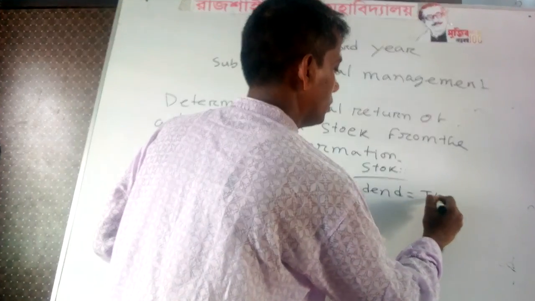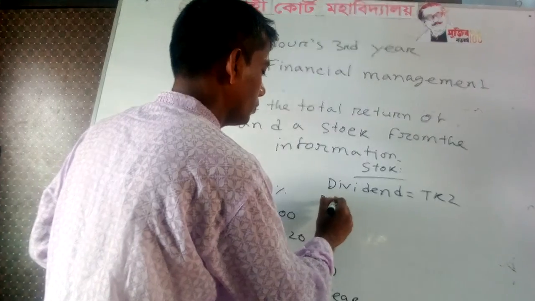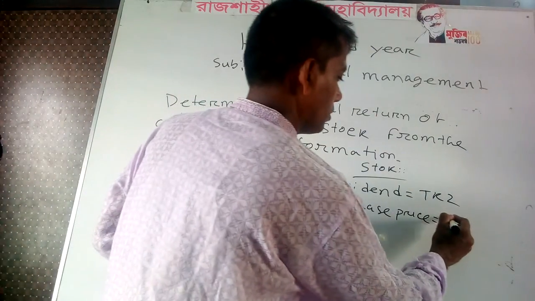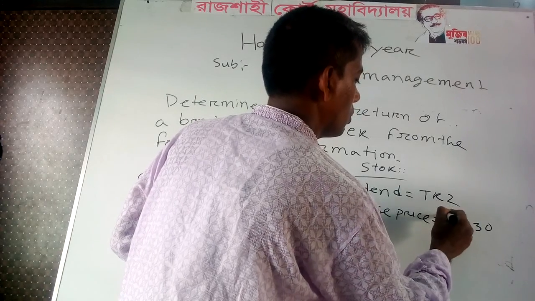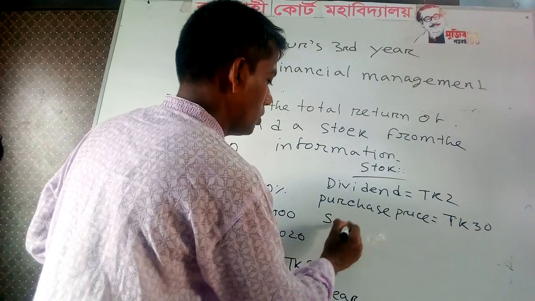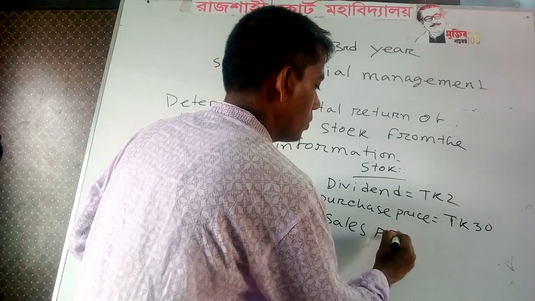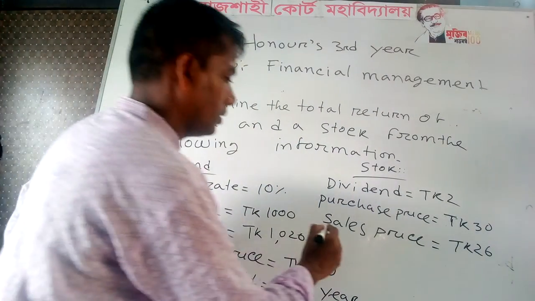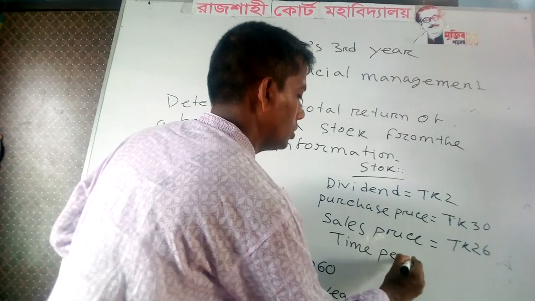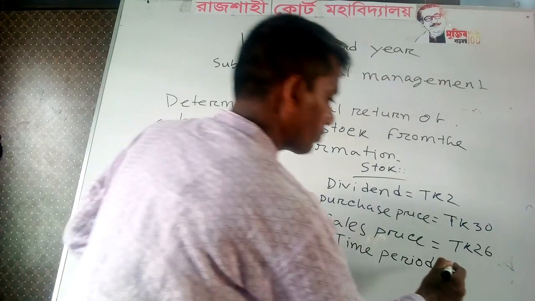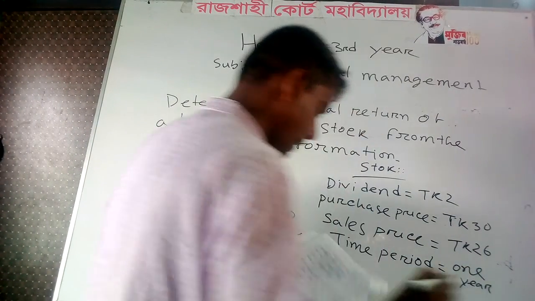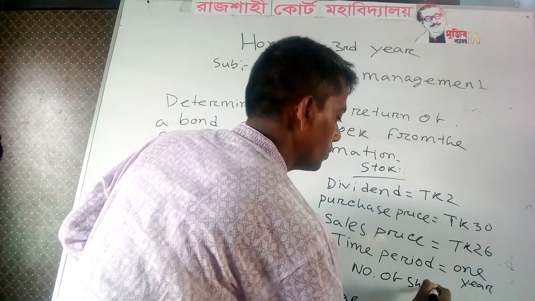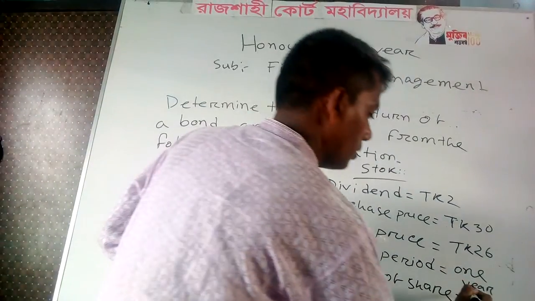Stock: dividend 2 taka, purchase price 30 taka, sales price 26 taka, time period 1 year, number of shares, face value of share 100.